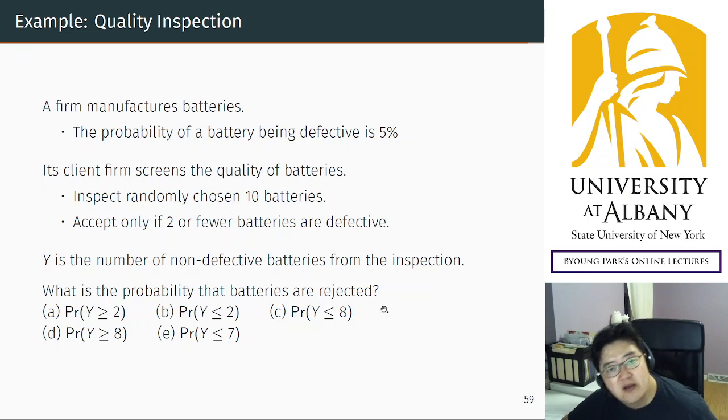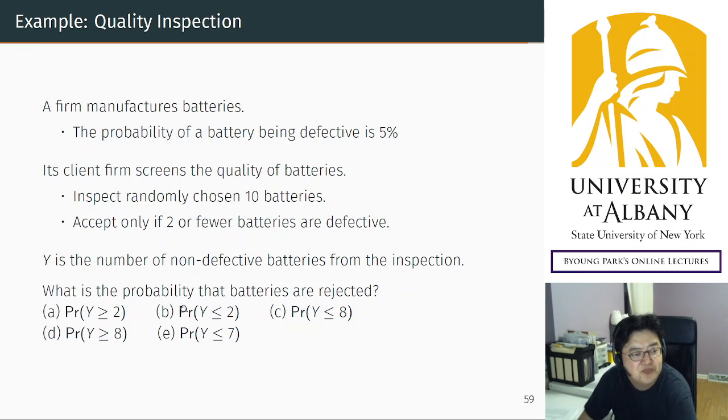So let's do it carefully. Y is the number of non-defective batteries, and your shipment is accepted if 2 or fewer batteries are defective. But we are interested in rejection, so you have to switch many buttons. So rejection now, let's think about this as rejection.